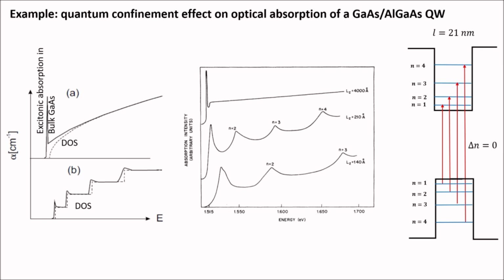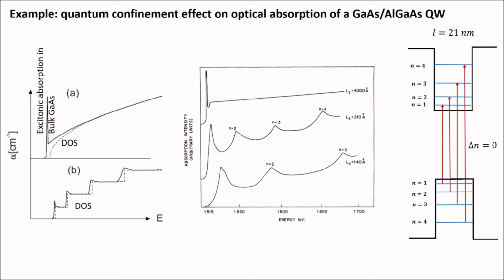Optical transitions must still conserve momentum in this direction, and just as for the bulk semiconductors, the optical absorption must still therefore follow the density of states. Hence, the optical absorption in a quantum well is a series of steps with one step for each quantum number n.